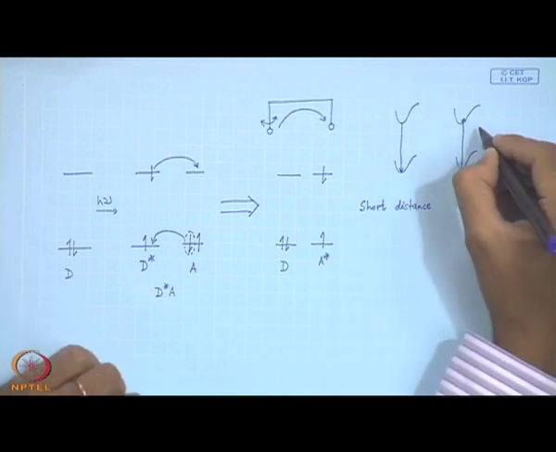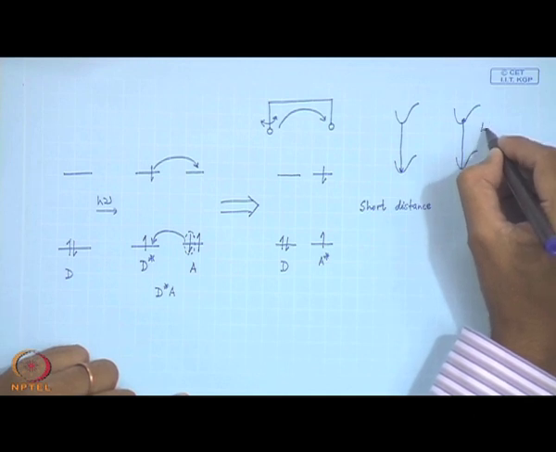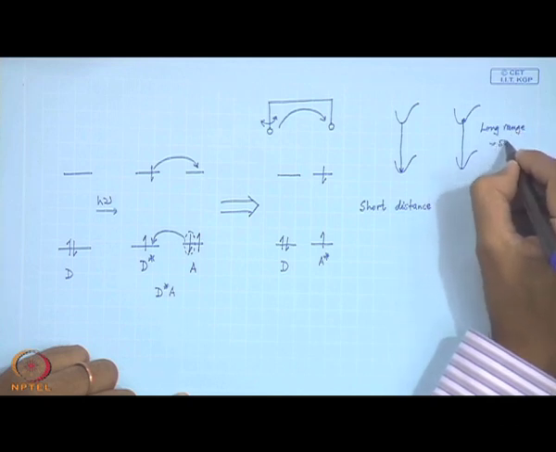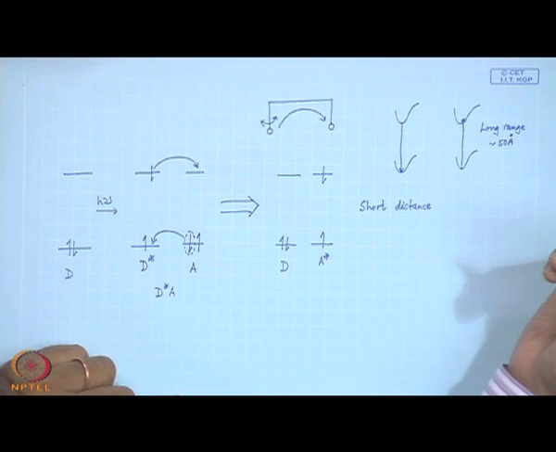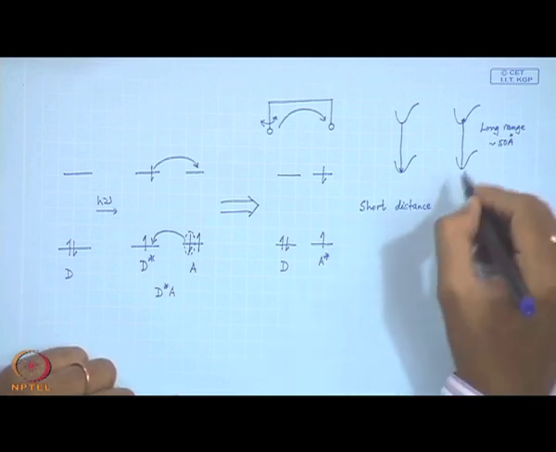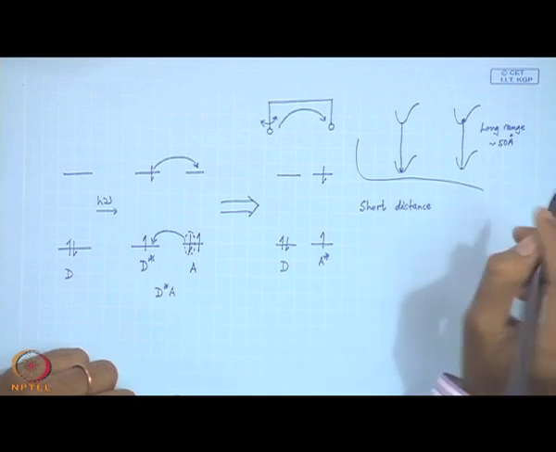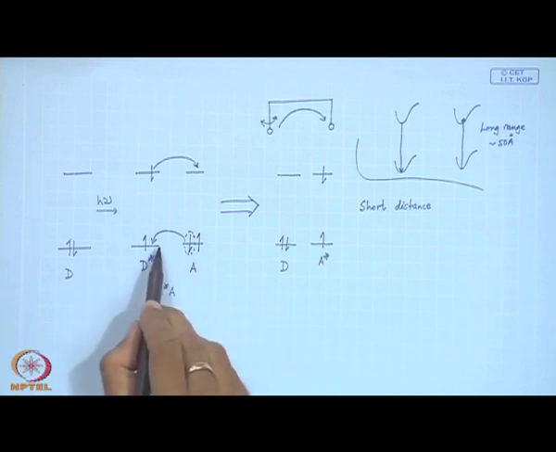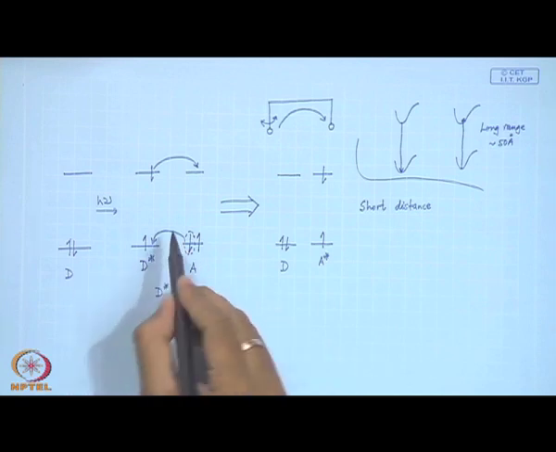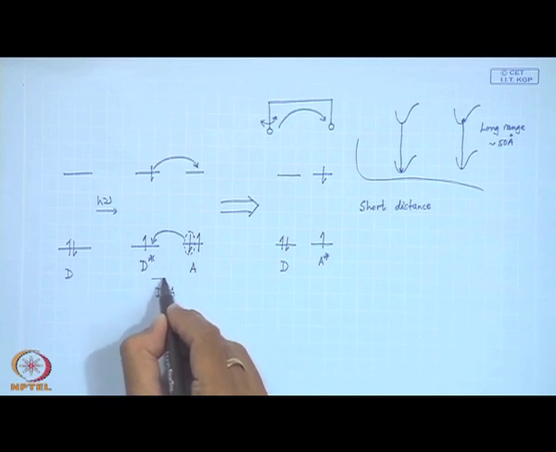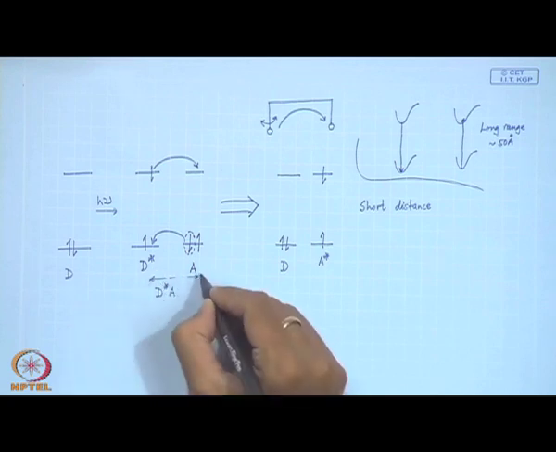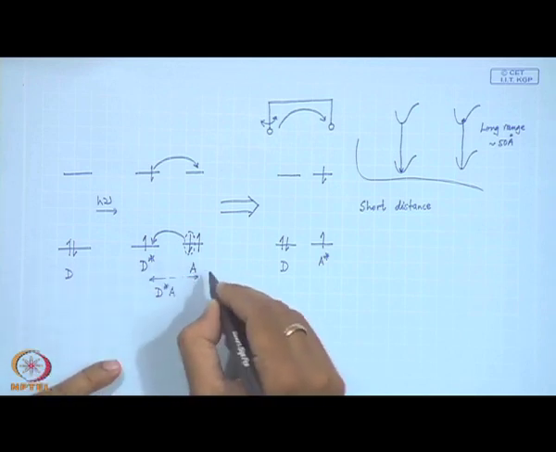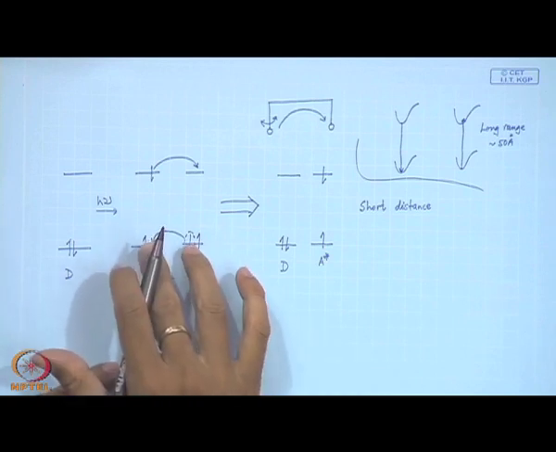On the other hand, in case of Foster, it is long range, say of the order of 50 angstrom. So, that is long range and this is a short range description. And you can imagine that as the end to end distance between the donor and acceptor increases, the overlap probability will be reduced.